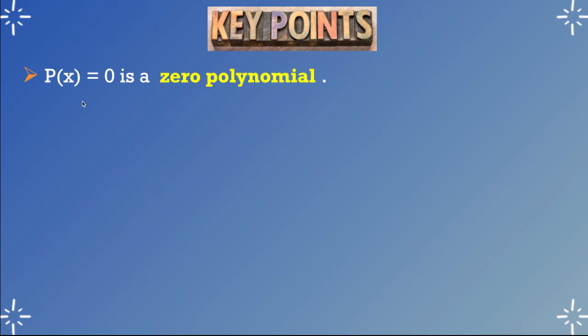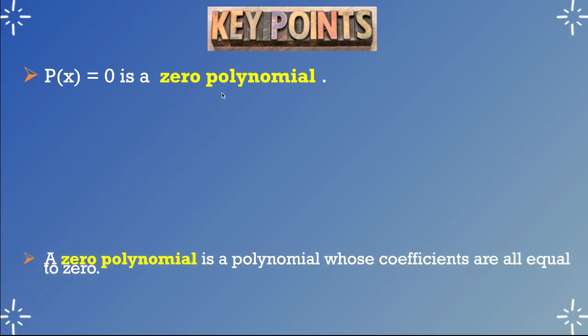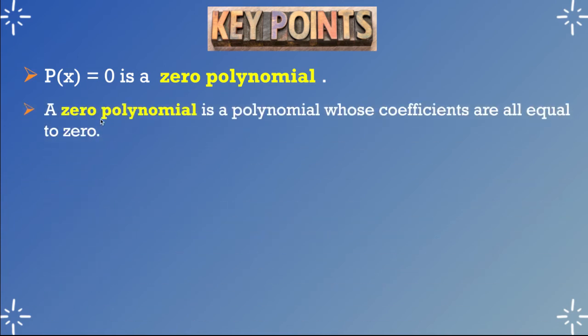Now, p of x equals 0 is a zero polynomial. What do we mean by a zero polynomial? A zero polynomial is a polynomial whose coefficients are all equal to 0. Examples of this are p of x equals 0x plus 0. As you can see, the coefficient here is 0.